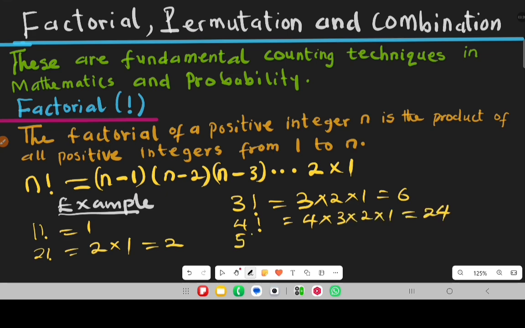And 5 factorial is equal to 5 times 4 times 3 times 2 times 1, equal to 120.